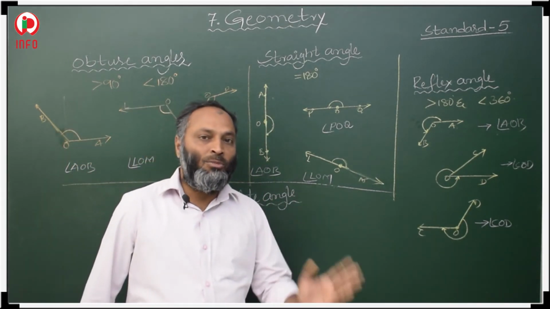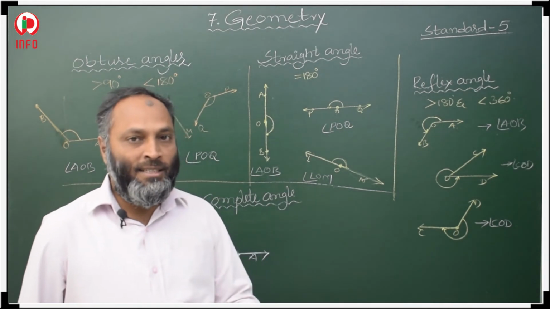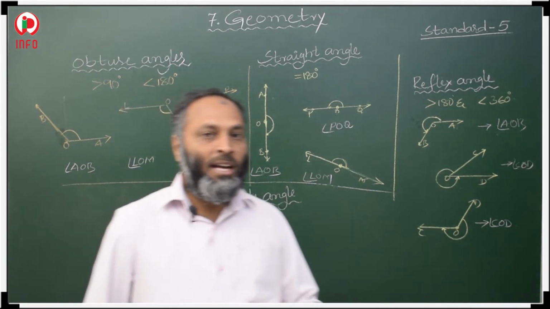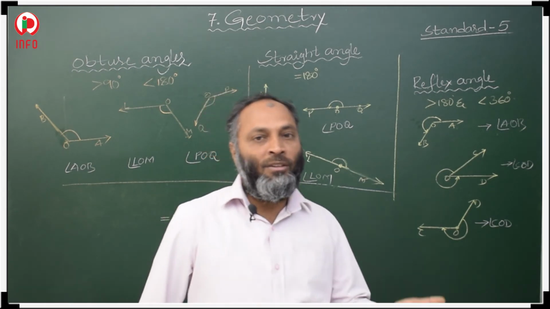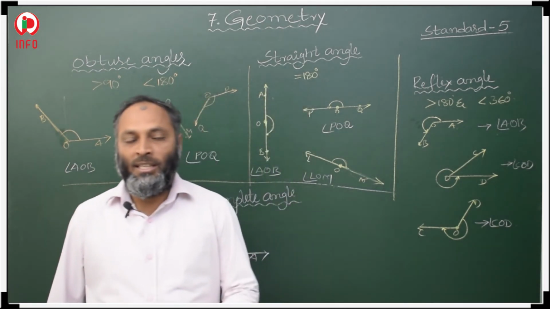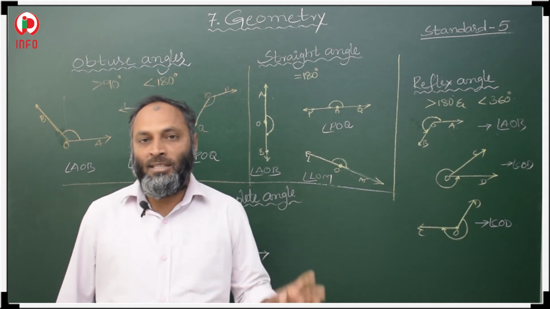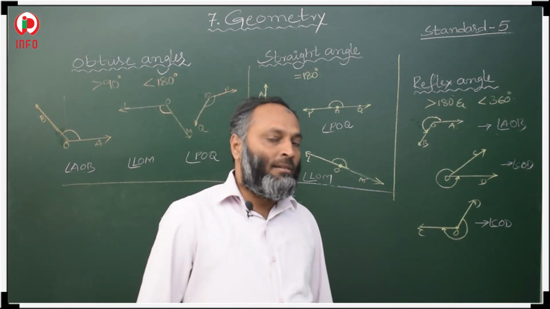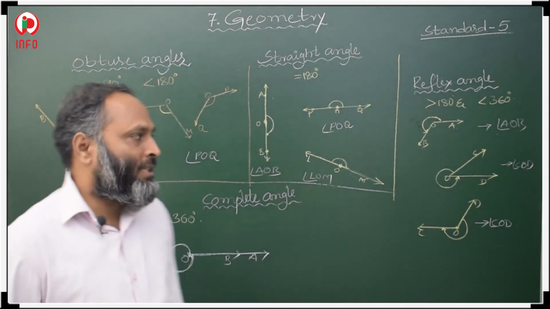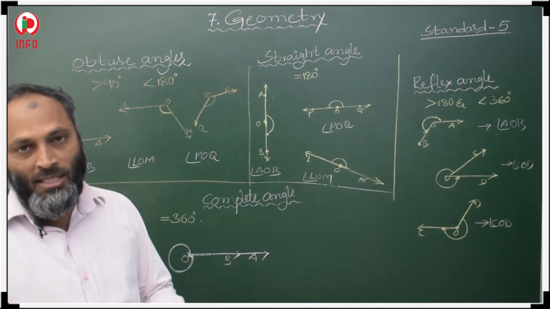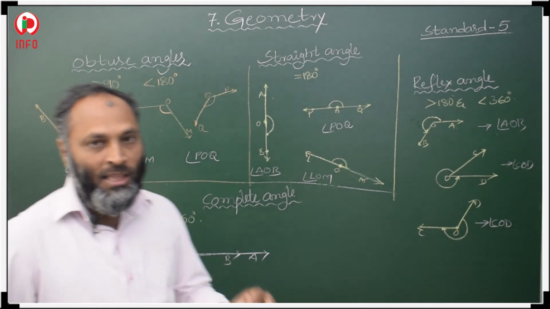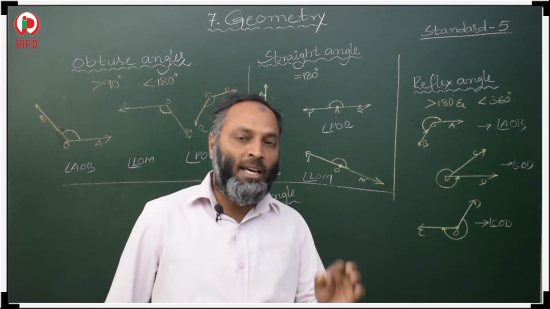If the angle between the two rays is between 180 and 360, then that angle is a reflex angle. Then the sixth one, complete angle. If the angle between the two rays is 360 degrees, then that is a complete angle.